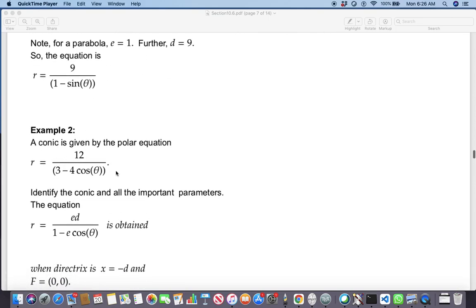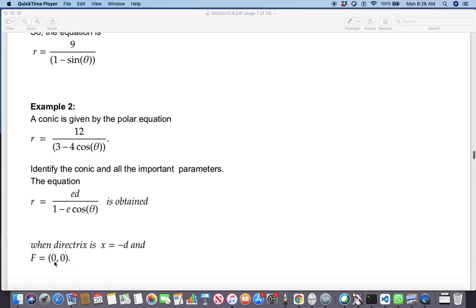Likewise, you are here given a conic section given by this equation. Identify the conic. Well, it's a cosine with a negative. So this equation is similar to this equation. You get such an equation when directrix is x equals negative d and the focus is 0, 0.